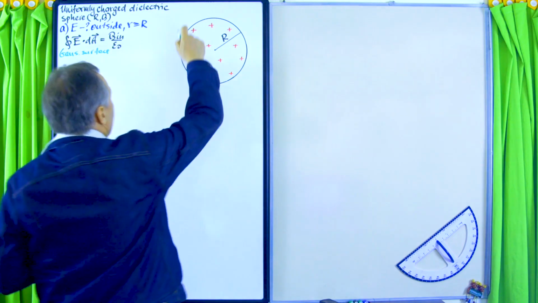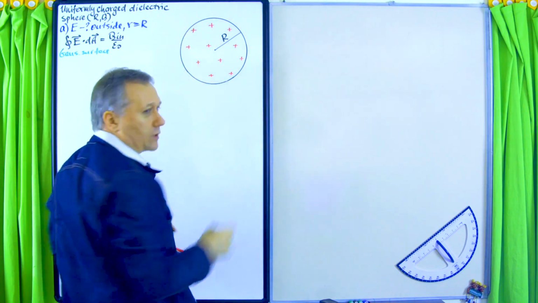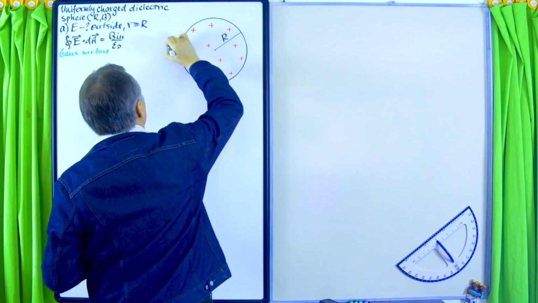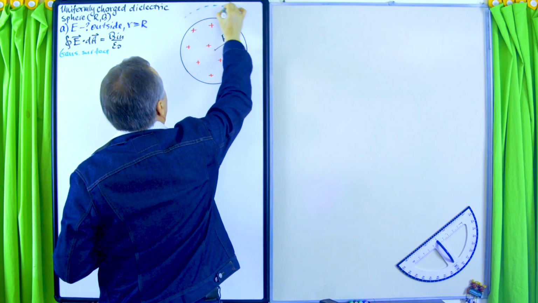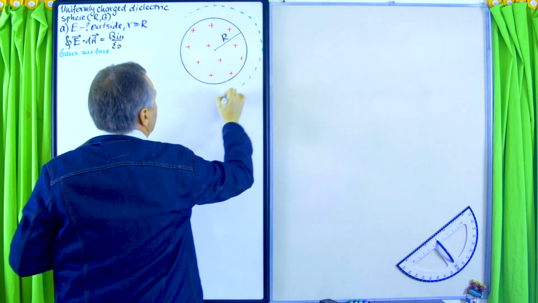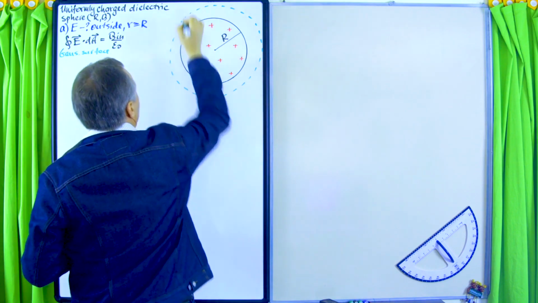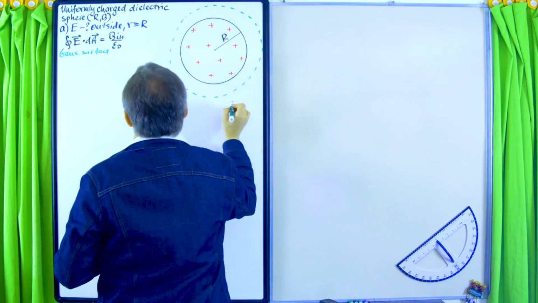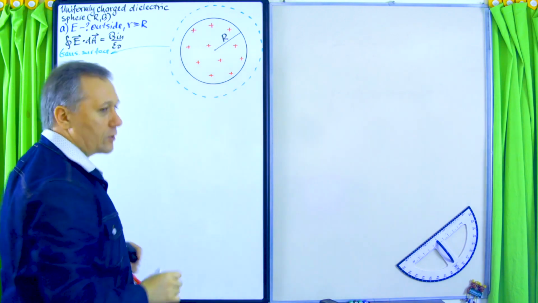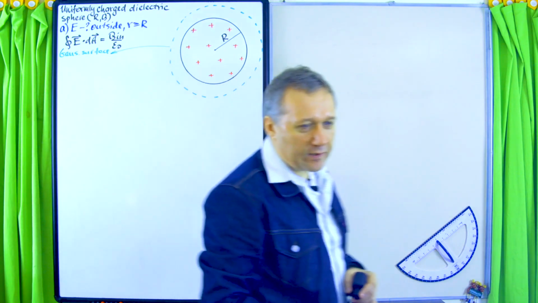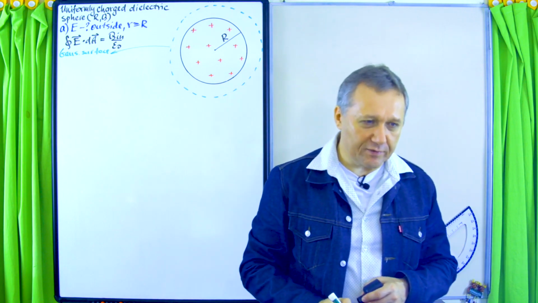Okay, so for the best Gaussian surface, I will use a green dashed line. So that's my Gaussian surface. Okay, it's slightly distorted, but it's a concentric sphere.